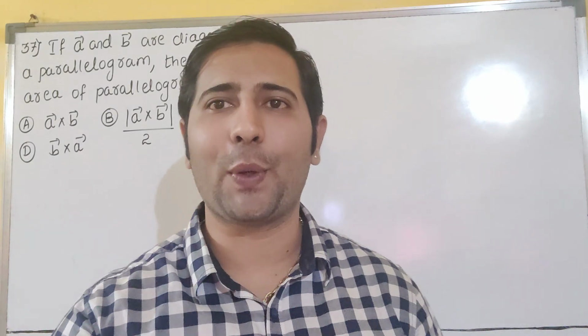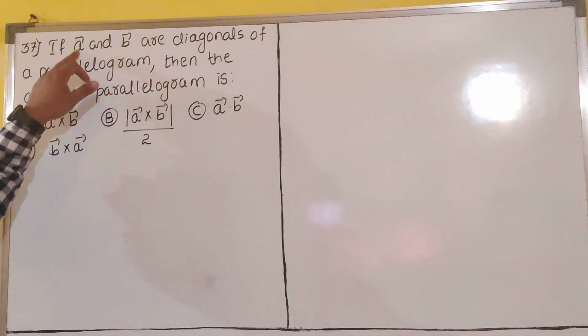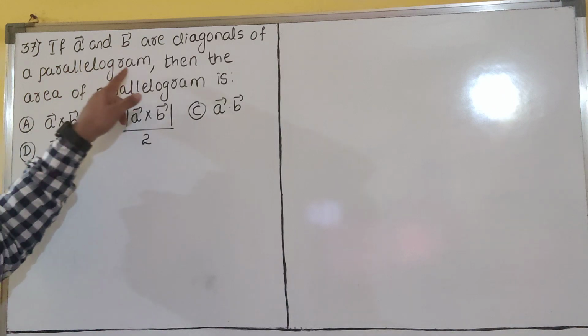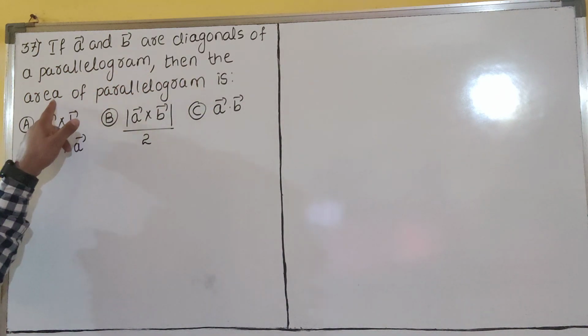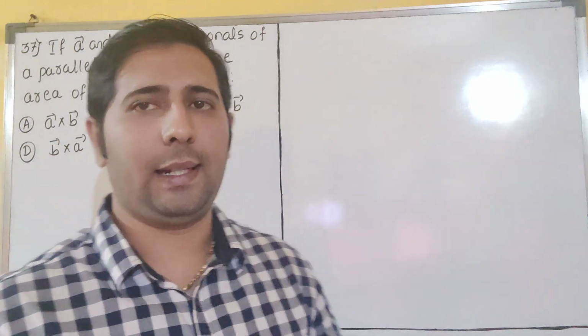I hope all of you have copied. So we'll see the next question, dear students. If vector A and vector B are diagonals of a parallelogram, then the area of the parallelogram is what? Try to understand what they are saying.